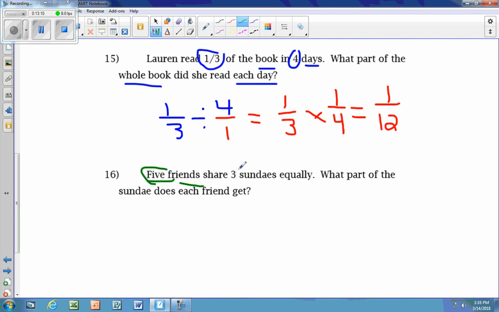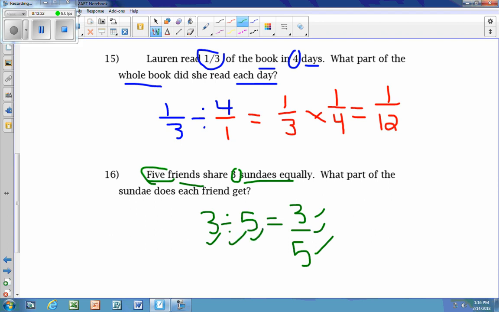Five friends share 3 Sundays equally. Am I splitting up my friends or am I splitting up my Sundays? So I want to make sure that I'm splitting up my Sundays. We're dividing our Sundays by the 5 friends. So each person gets 3/5 of a Sunday because this is 3 divided by 5.